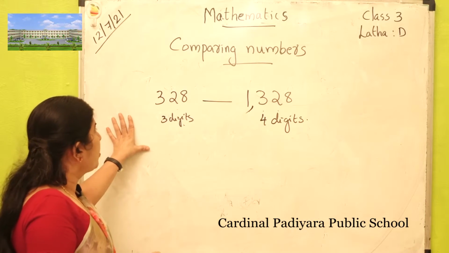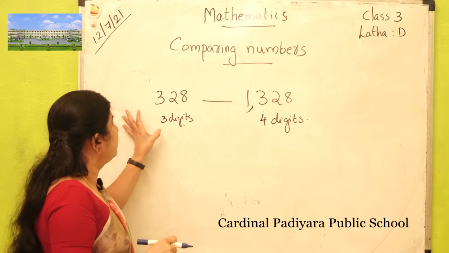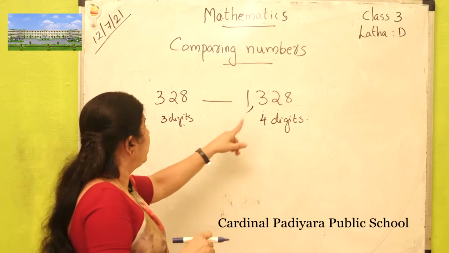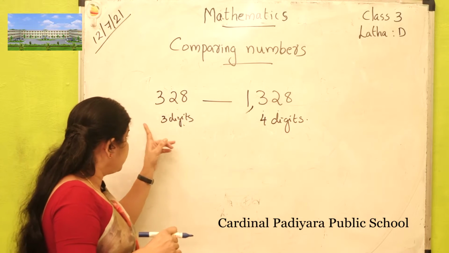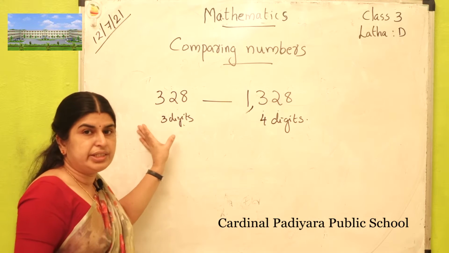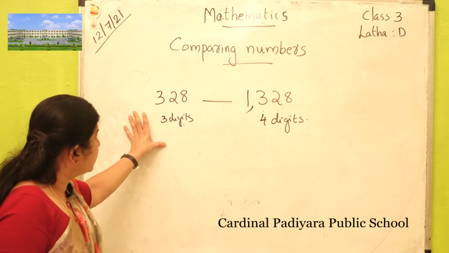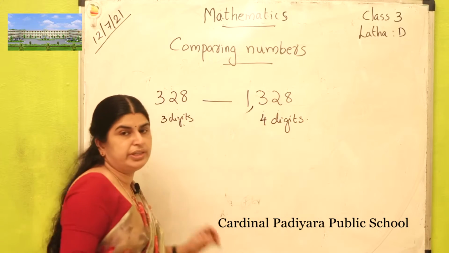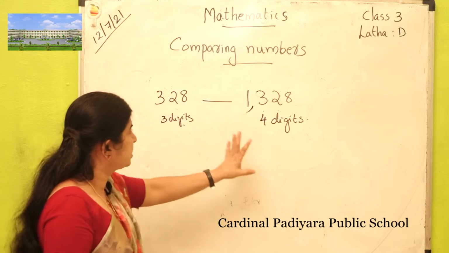The number having more digits is the greater number, and the number having fewer digits is the smaller number. Here 3 digits and here 4 digits. Which is smaller and which is greater?